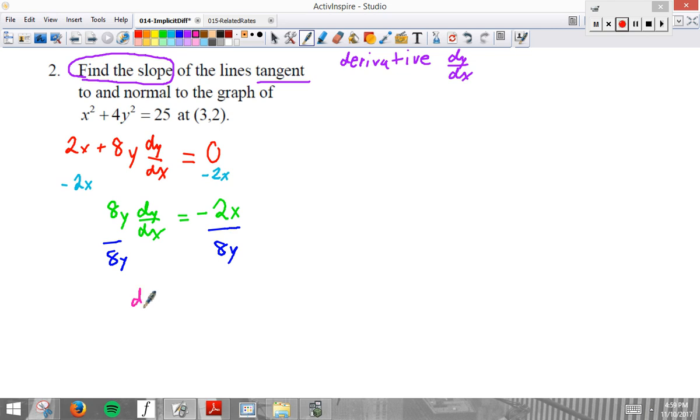And I get dy dx equals negative 2x over 8y. And it doesn't hurt you to simplify that. Dy dx equals negative x over 4y. Okay? It's fine if you want to use that, though. Perfectly all right.